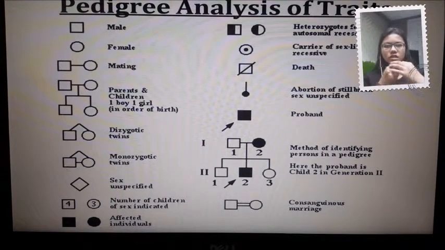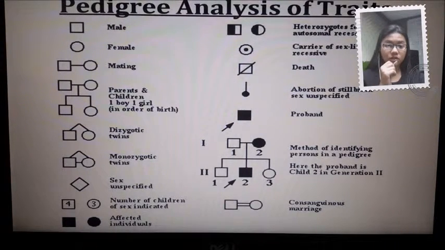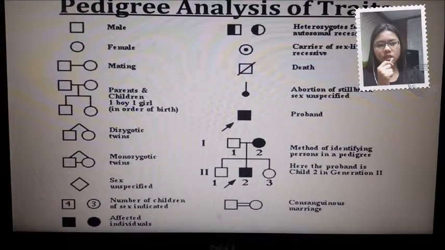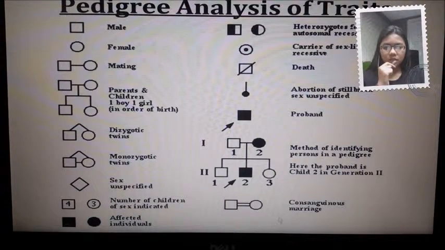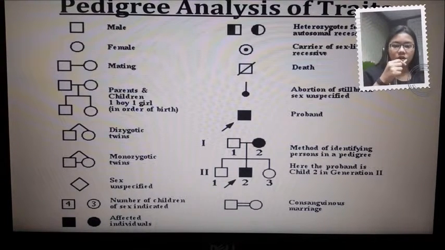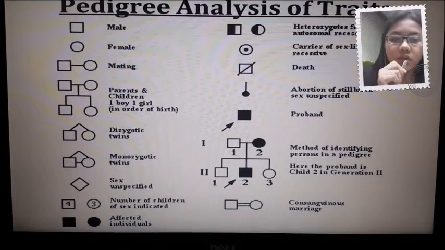A slash in the shape means that the person is already dead. And as you can see here, this one has two lines between the pair, and this means that it is a consanguineous marriage, a marriage between close relatives, such as mother, father, brother, sister. First to third degree cousins are considered consanguineous.